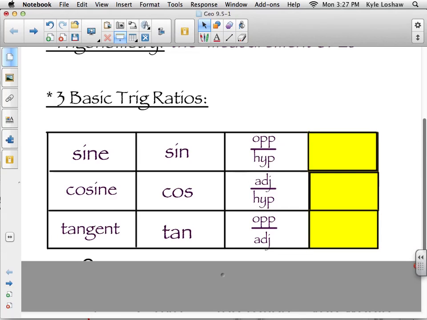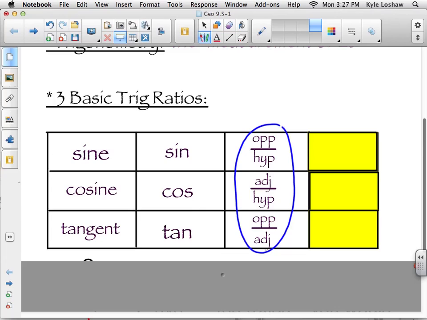Those are talking about side lengths related to the angle you're providing, and you're going to see a diagram of what I mean. The sine is opposite over hypotenuse, the cosine is adjacent over hypotenuse, and the tangent is opposite over adjacent.